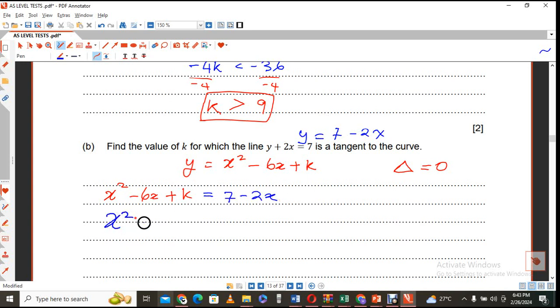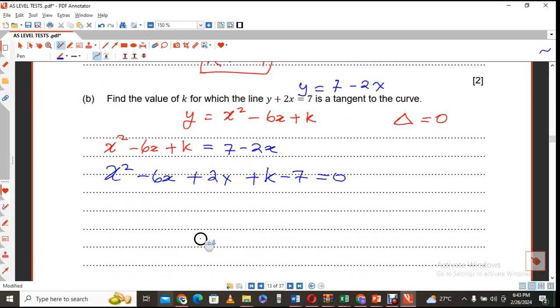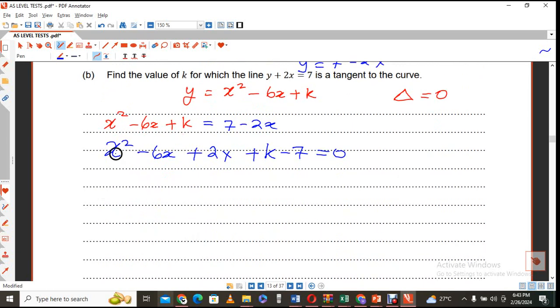So of course that is x squared minus 6x plus 2x plus k minus 7 equals 0. I hope you're following. So of course this is going to give us x squared minus 4x plus k minus 7, obviously that's the constant, equals 0.